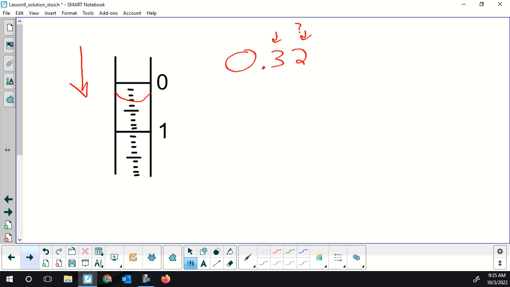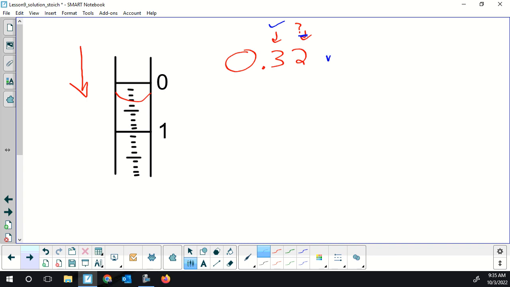It could be a 1, it could be a 2, it could be a 3, maybe even a 4. And this is the heart of significant figures. We know that's a 3. There's no doubt that it's below the 3rd tick and not at the 4th. Okay? This question mark digit, and it's always true of significant figures, that last digit is the uncertain one. That's just how significant figures work.